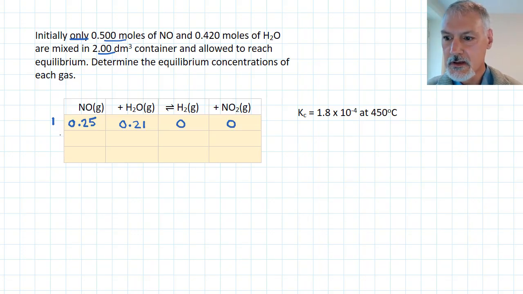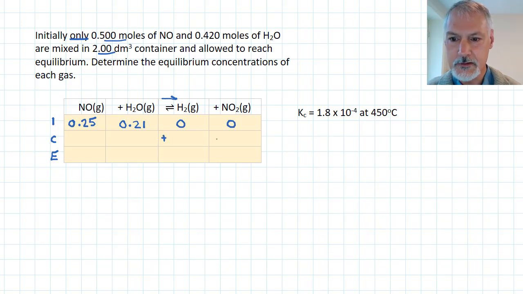Now information about change in equilibrium. Much as before, there's no direct information about change nor the equilibrium amounts, so I'll turn to the constant. Now this is a small constant, suggesting we favor our reactants, but the fact that we have no products tells me this reaction has only but one way to go. It has to make some of this before you can reach equilibrium.